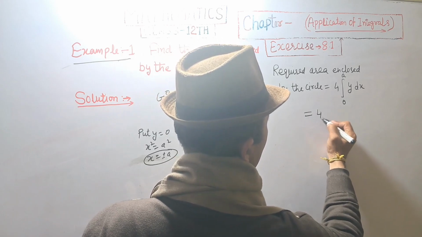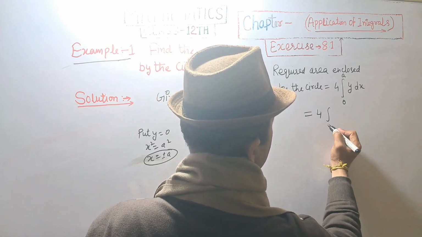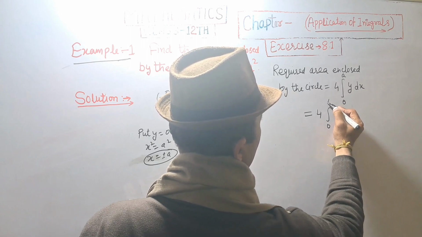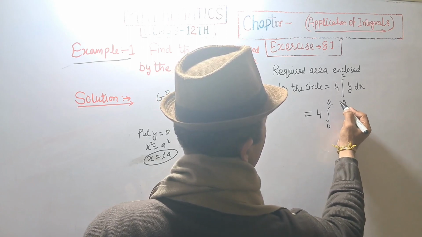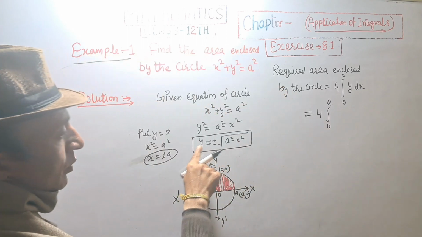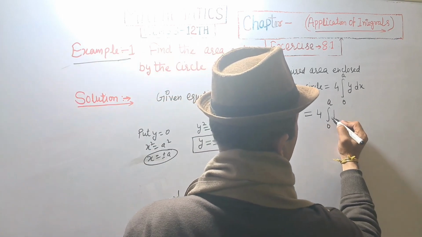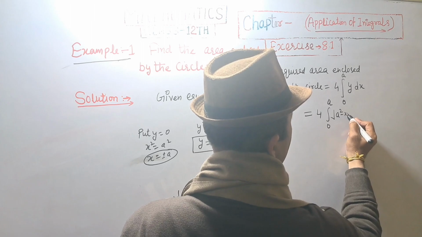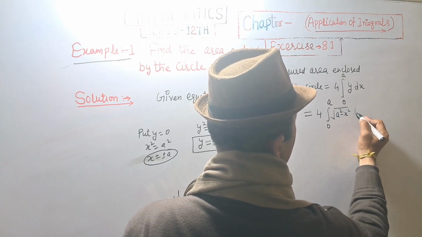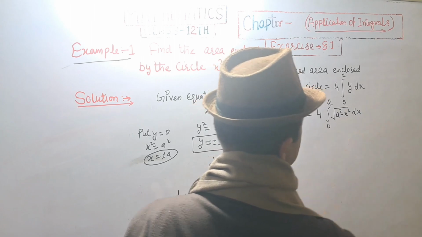It is equal to 4 into integration of 0 to a, y is equal to root a square minus x square, root a square minus x square into dx.